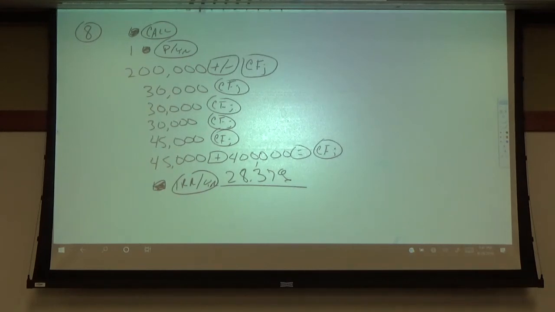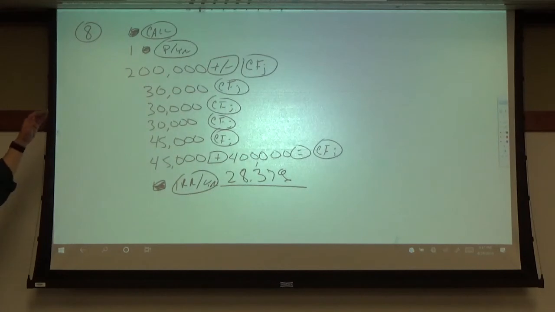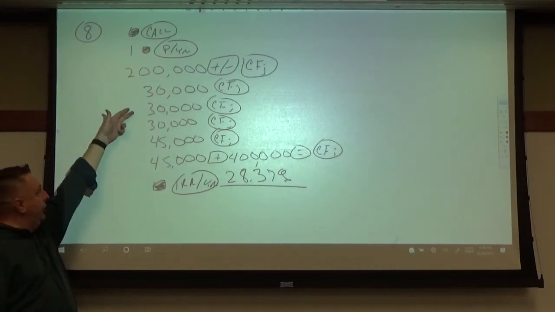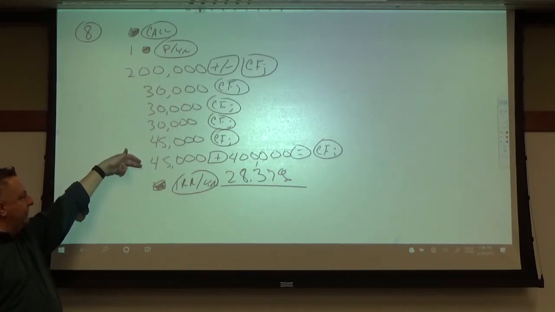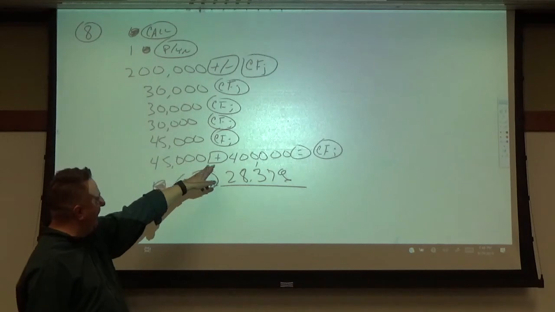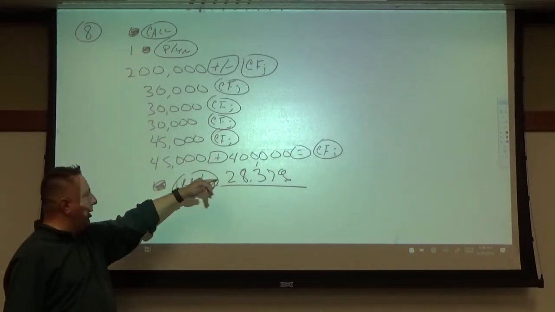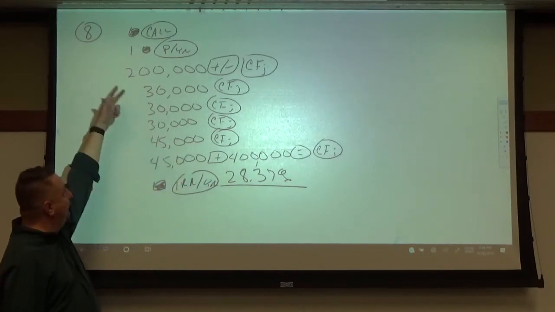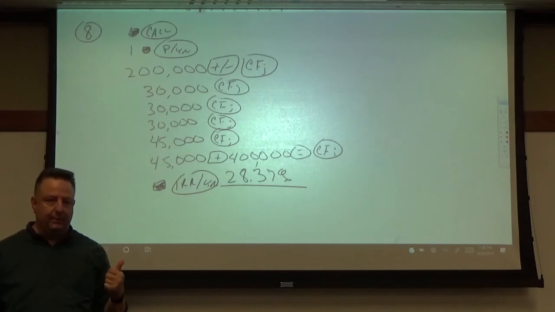All right, let me kind of explain this one real quick. We have 2 or 3 minutes. So in this one, it's very basic. We bought the property for $200,000. Each year, we sort of emptied out the coin box. We collected the operating revenues. Those were $30,000 for the first 3 years, $45,000 for the last 2 years. We sell it at the end of 5 years for the $400,000, and so we're simply saying, what is our overall annualized rate of return for that 5-year holding period? That's the 28.37. Okay, make sense conceptually?